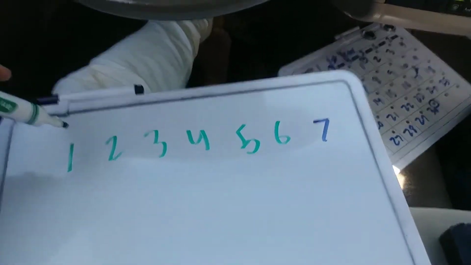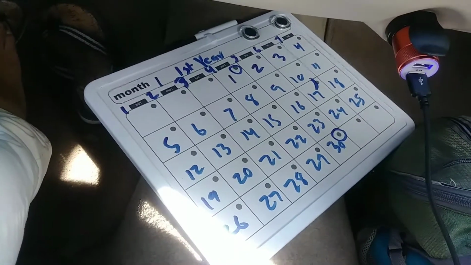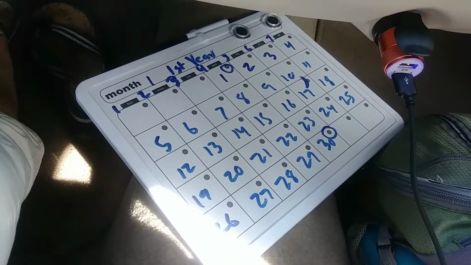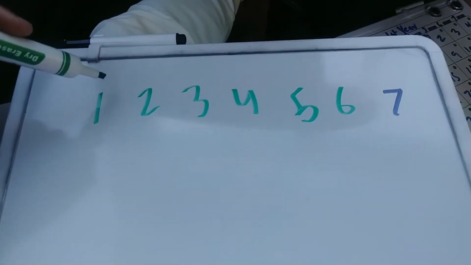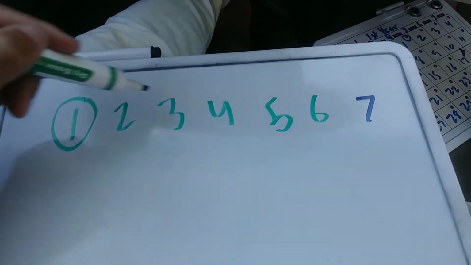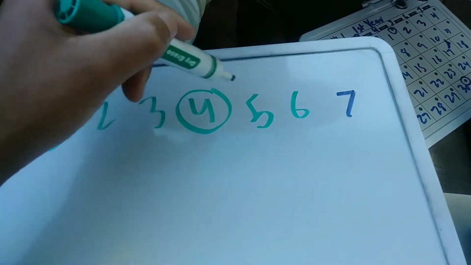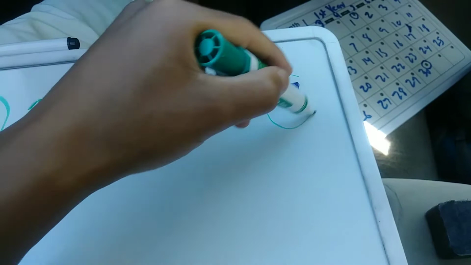So here is the first year. You have the double full moons. That will occur here, here, and here.